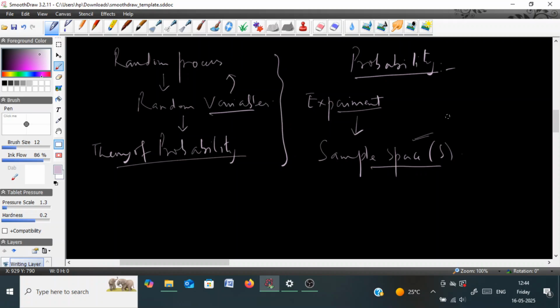Okay, and the term experiment itself, which is used in probability theory, is to describe a process whose outcome cannot be fully predicted. Like suppose if you toss a coin, the outcome can be head or tail, but you cannot exactly predict whether head is going to appear or tail is going to appear.